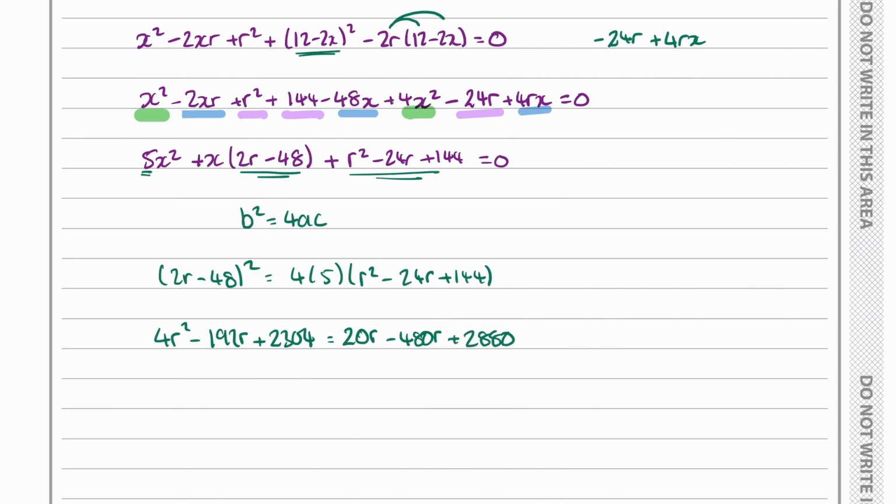We need to make this quadratic equal 0, and this should be a 20r squared here. So we'll get 16r squared minus 288r plus 576. And you can see that we can divide everything by 16. So r squared minus 18r plus 36 will equal 0.